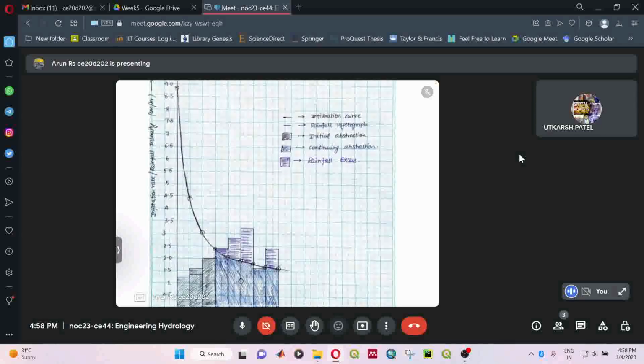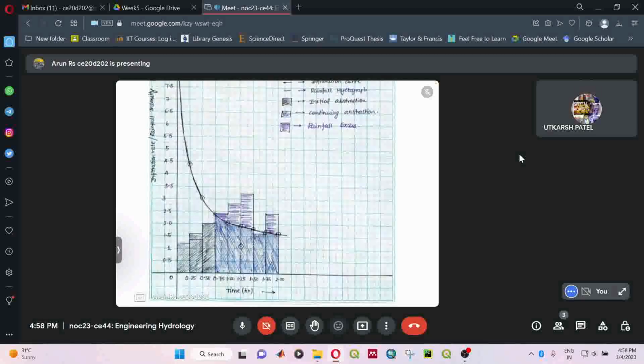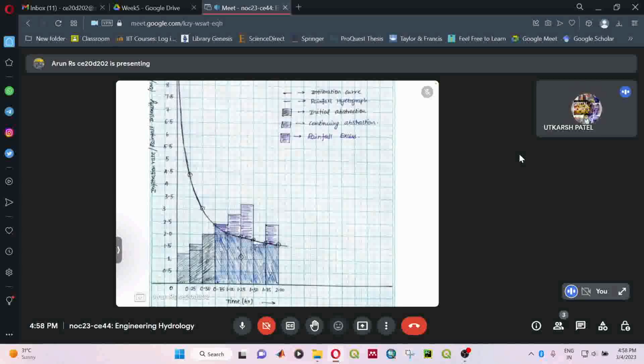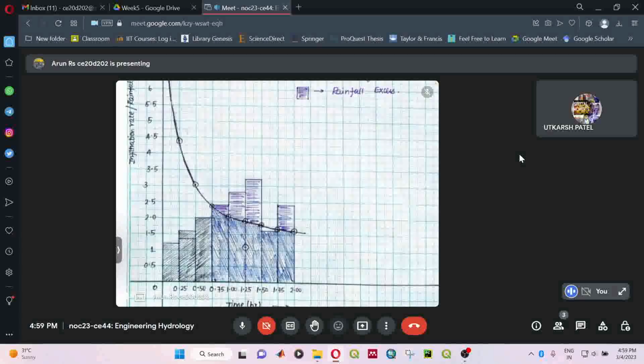If you see here, I have plotted on the y-axis infiltration rate and rainfall intensity, and on the x-axis you have your time interval. So I have plotted the rainfall hydrograph and I have plotted the infiltration rate as per the Green and Ampt equation. So you can see at 0.75 hours our ponding started.